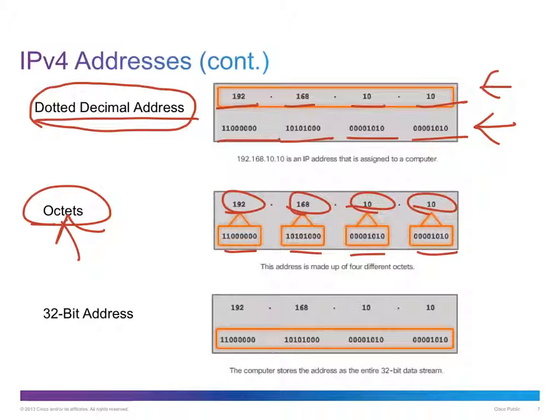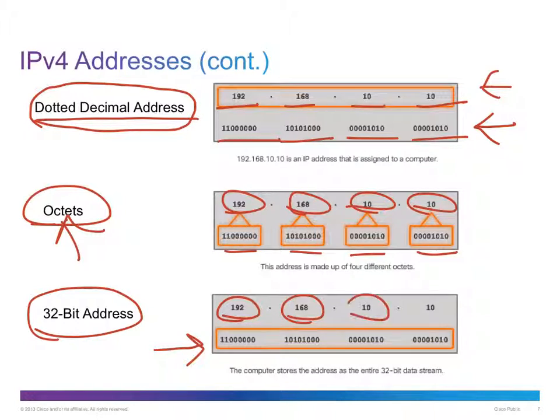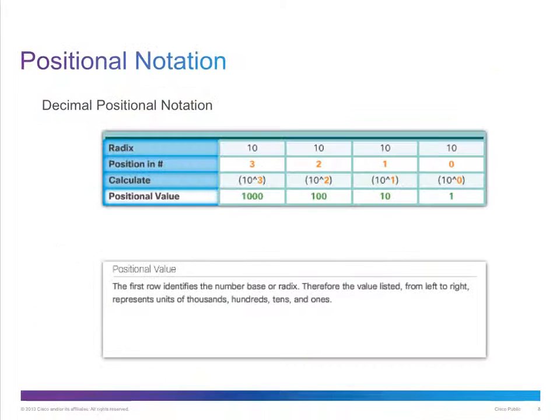Dotted decimal address, 32-bit address, that would be this right here. This is the dotted decimal, but really these numbers represent these bits, and the bits, this is what the devices really look at.